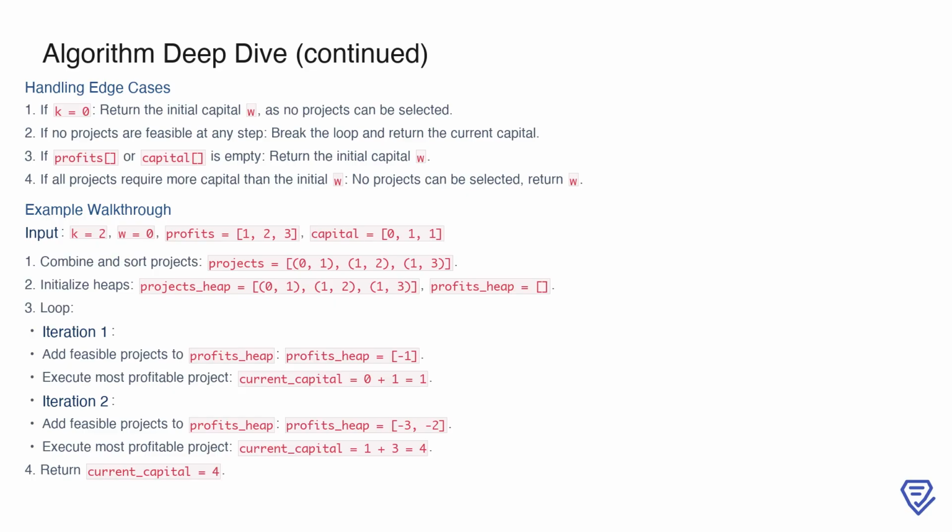In the first iteration, we add the feasible project (0, 1) to profits_heap, then execute it to increase current_capital to 1. In the second iteration, we add the next feasible projects, (1, 2) and (1, 3), to profits_heap, then execute the most profitable, (1, 3), resulting in a final current_capital of 4. This example demonstrates how the algorithm effectively selects projects to maximize profit.